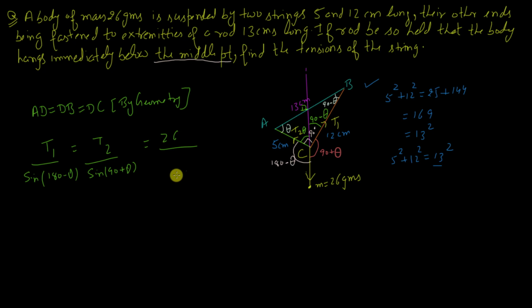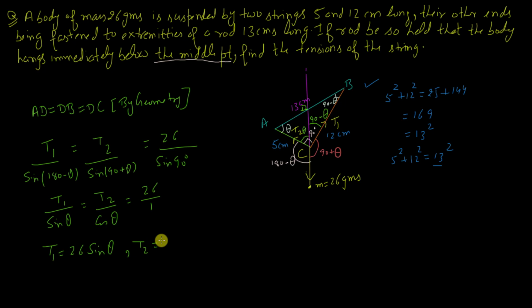So this will be sine 90 degree. Fine. So this will be T1 upon sine theta, and this will be T2 upon sine 90 plus theta, which is cos theta, and it is 26 by 1. From here we get T1 is equal to 26 sine theta and T2 is equal to 26 cos theta.